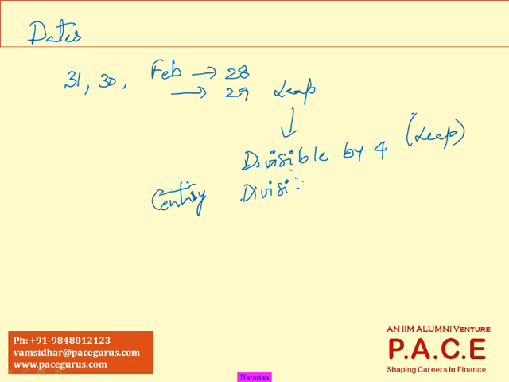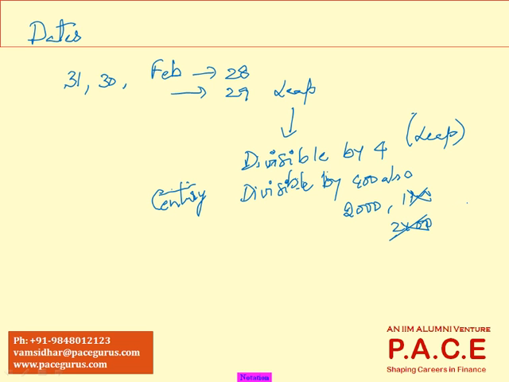Divisible by 400 also, then only it's a leap year, which means 2000 is a leap year, whereas 1900 is not, and even 2100 will not be a leap year.